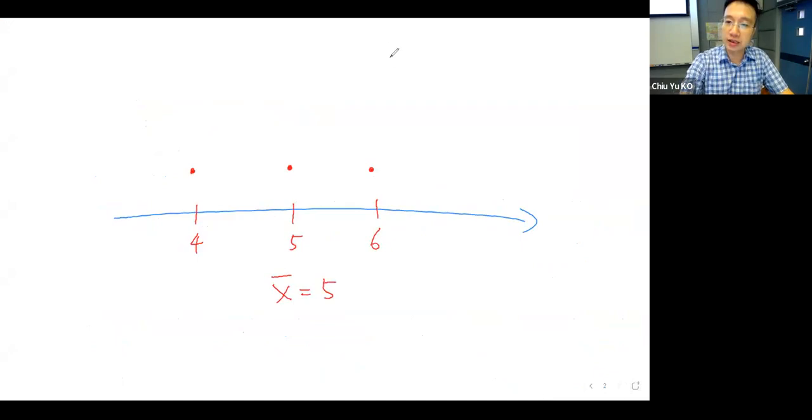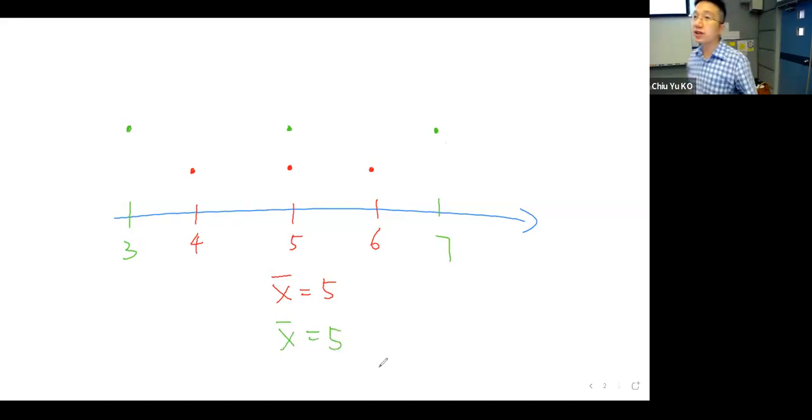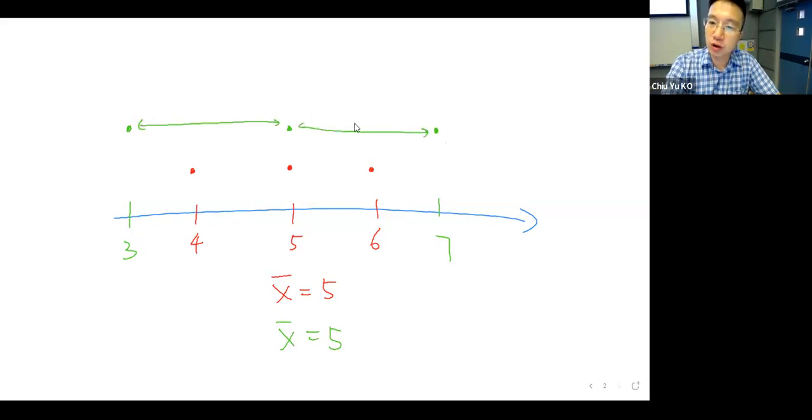And consider another data set, which is 3, 5, and 7. The mean is again 5. But you can see the green one is more spread out than the red one. You can calculate the distance, and you square this distance, and the squared distance is more than the square of this distance plus this distance.